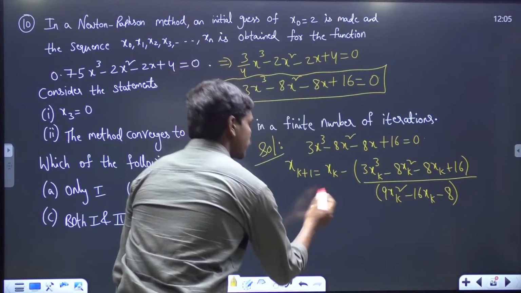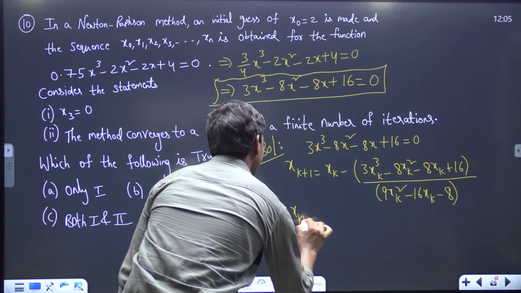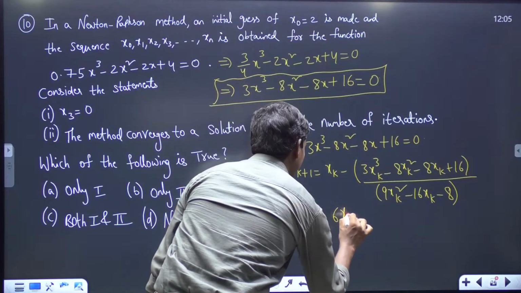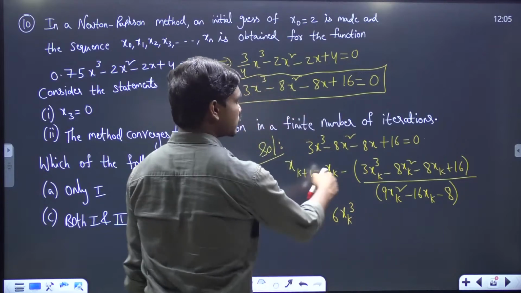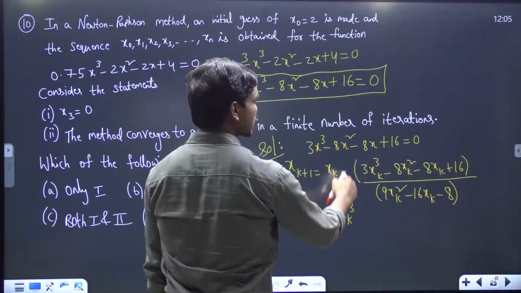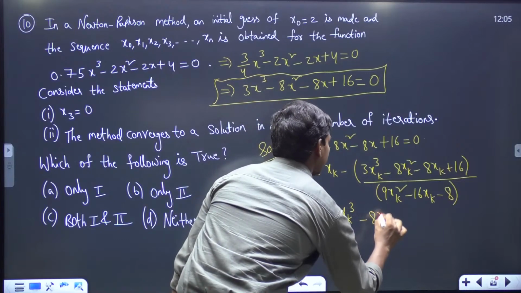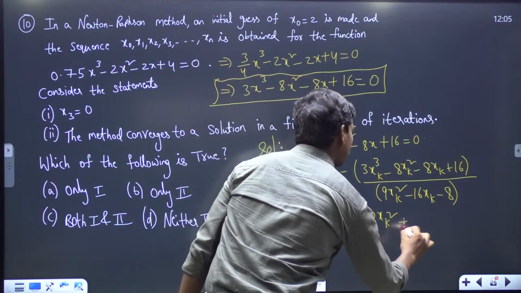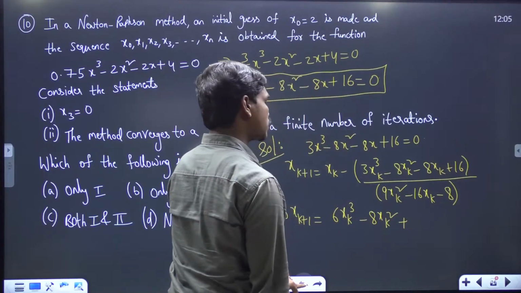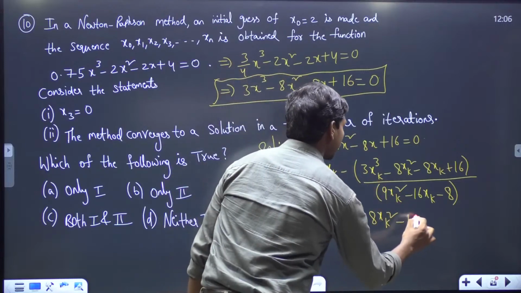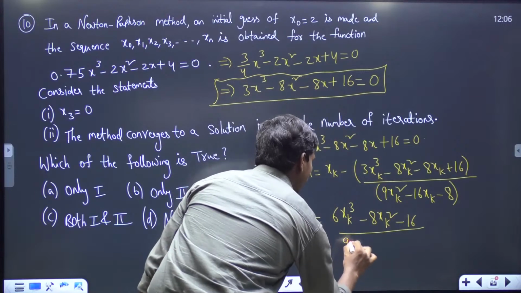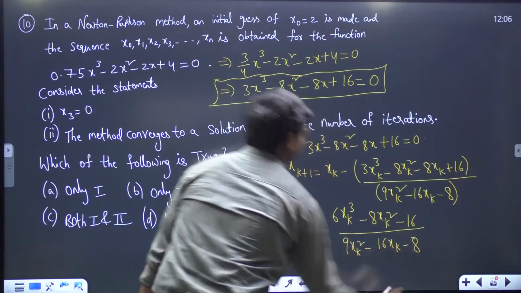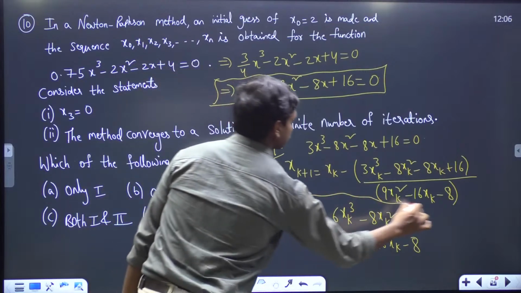If you simplify a bit, xk plus 1 is equal to (9xk cube minus 3xk cube) which is 6xk cube, minus 16xk square, minus 8xk square... the xk terms get cancelled, and then minus 16, because of this minus sign here. So this is minus 16 divided by 9xk square minus 16xk minus 8.